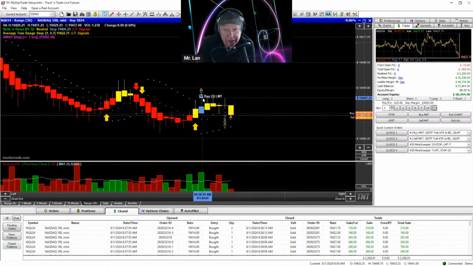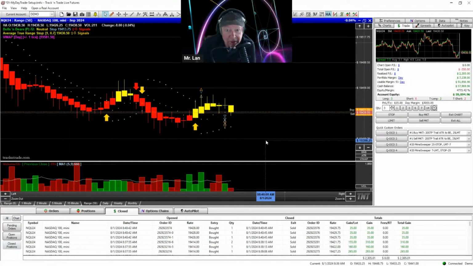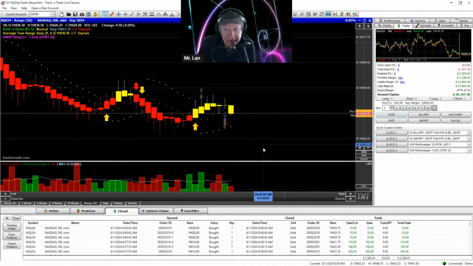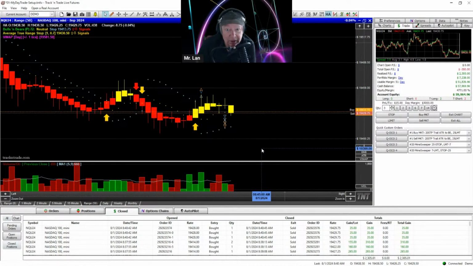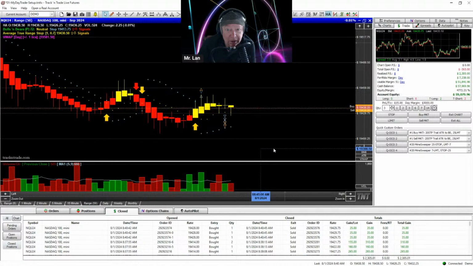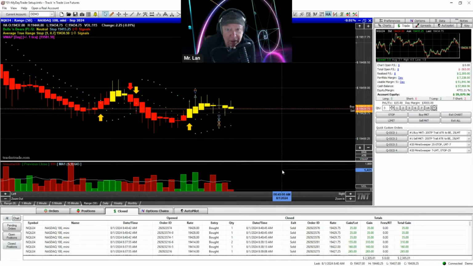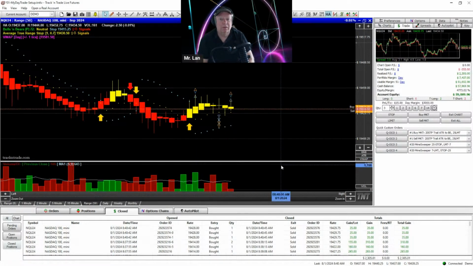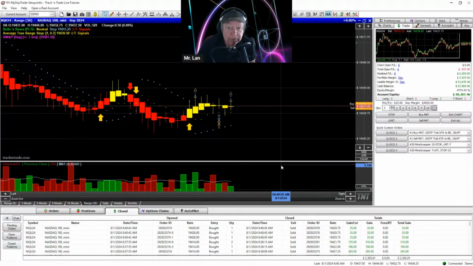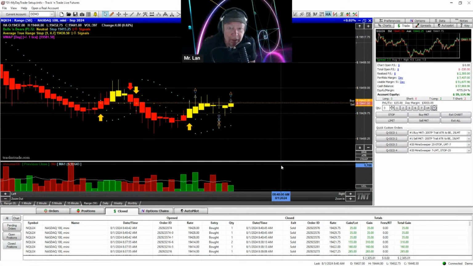We got an internal and an external. Okay, pull back. We got it. I went back down to quantity 3. I don't like this little cluster of bombs right there.